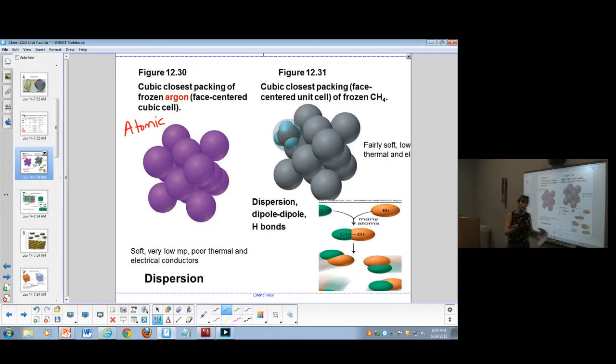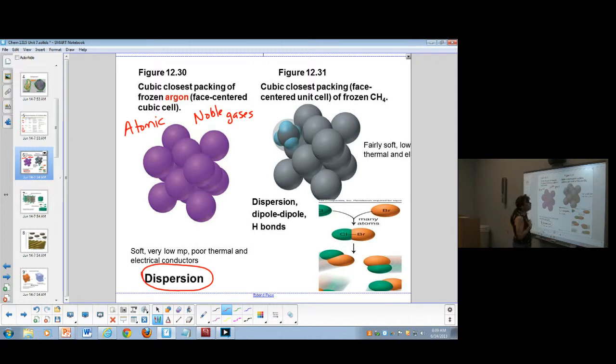Now, in order to have an atom that can be formed into a solid, you really have to have a noble gas, and it has to be very, very cold. The only thing that holds those together are dispersion forces, because the atoms have electrons that are moving around, and so that's how the dispersion forces happen. So this is really only for noble gases, because these are atomic structures.